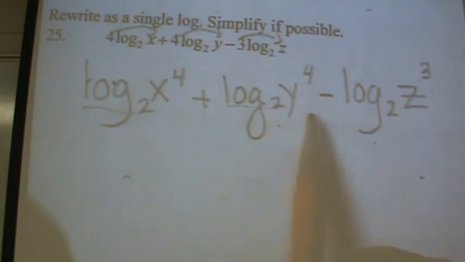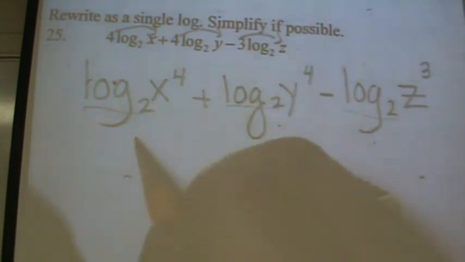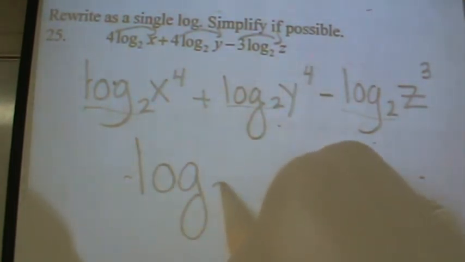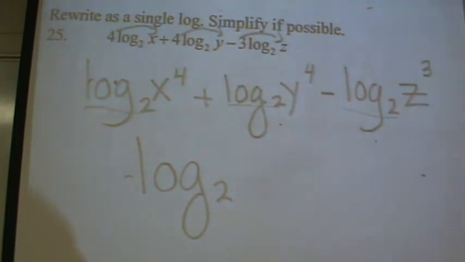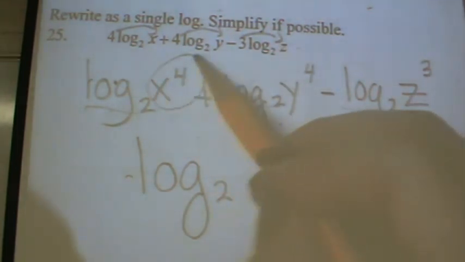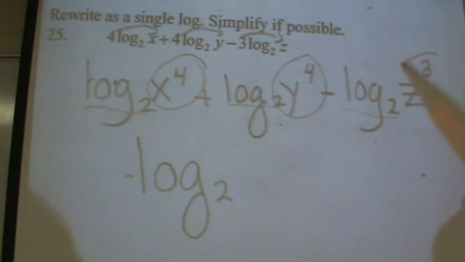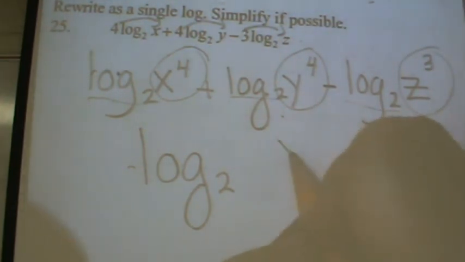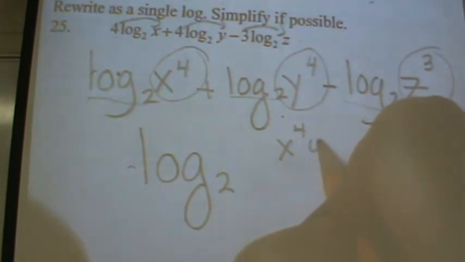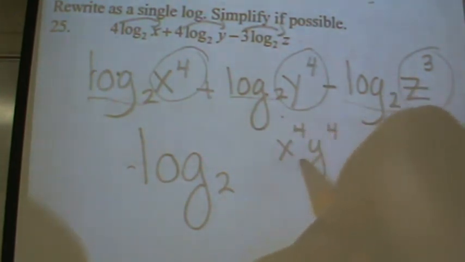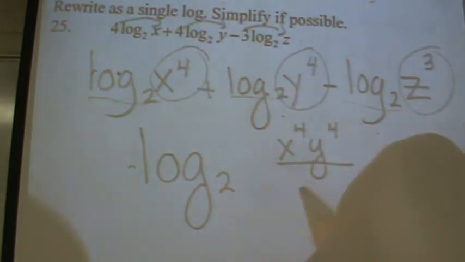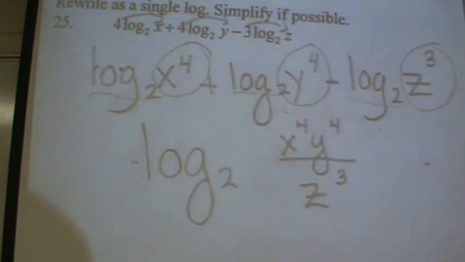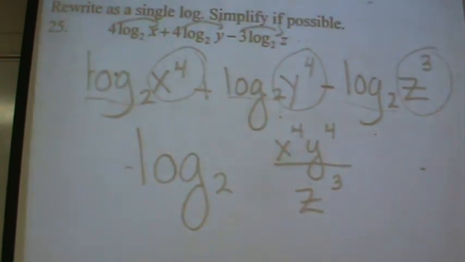Are these all base 2? Yep. So it's gonna be one single log base 2. Now what do I do with these 3 things? How am I gonna express that? Well, x to the 4th, y to the 4th, over z cubed, all base 2. And that's your test.